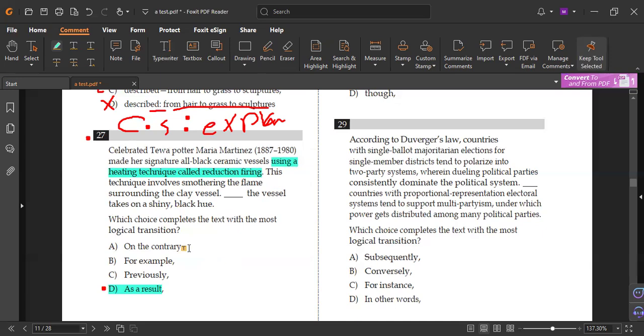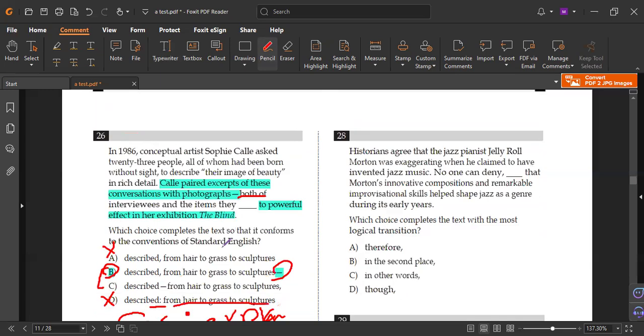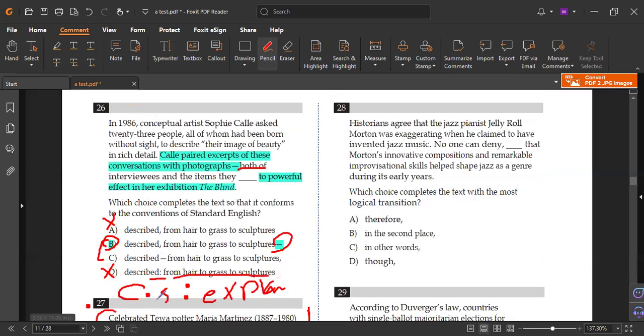Yes. And we don't have any contrast. What is the contrast between this idea and this idea? So there's no way. For example, this is not an example to this one. And previously means this action happened before that. This doesn't work. If you saw all of these, so your guess is correct. And you try to find evidence. Yeah. Now 28, half your time.